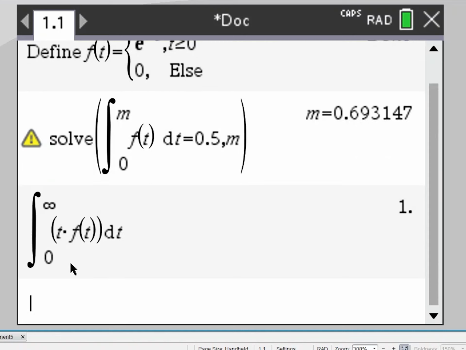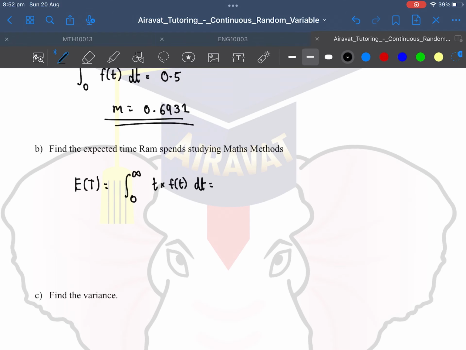Press Ctrl Enter again, and you'll get a mean value of 1. You're going to get 1 hour. So you always must write the unit. So e of t also represents the mean time that Ram spent studying. Now time has a unit in this question, so never forget to write your unit.